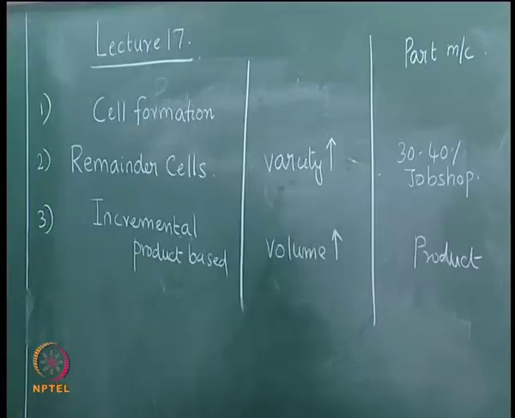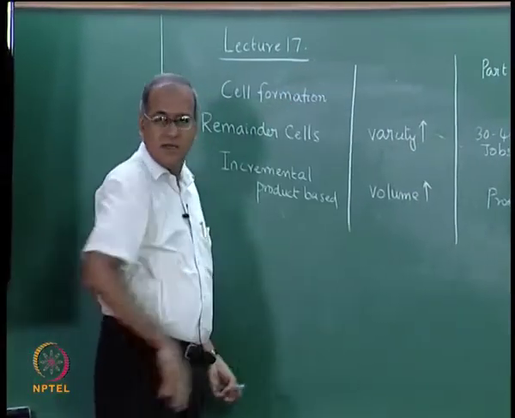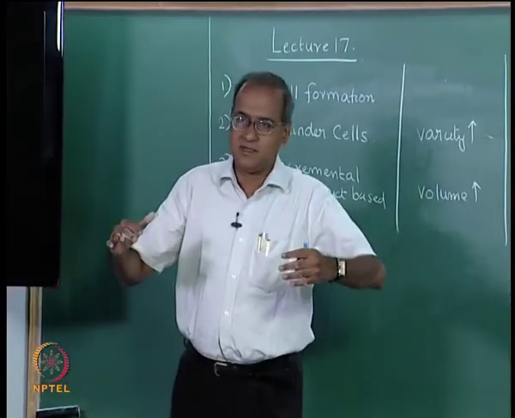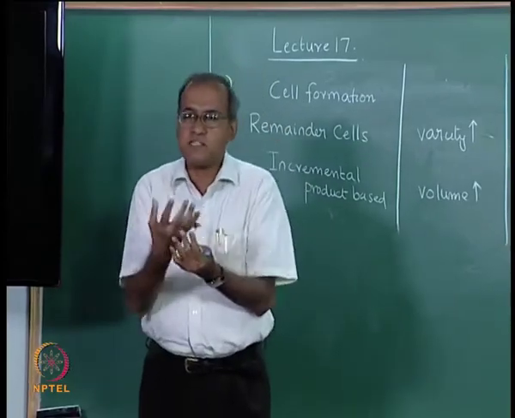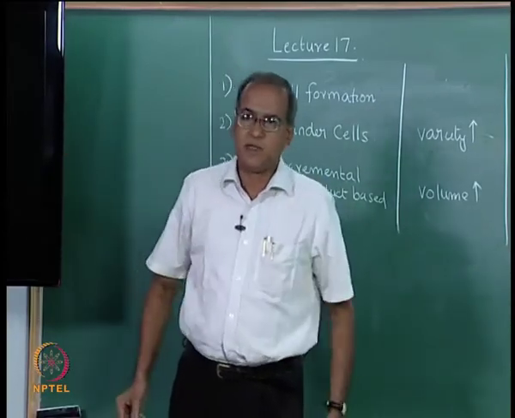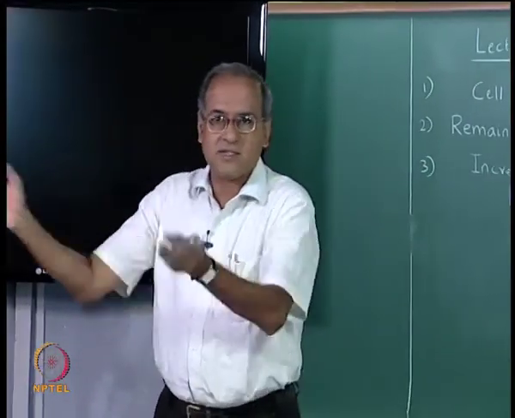So if we really want to classify cellular manufacturing further into 3 types, one is the normal machine component cell formation, where the products are slightly larger in size and involve specific common assemblies. Parts are made into cells, and parts go to the various assemblies.